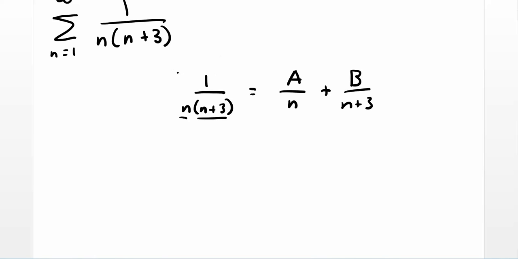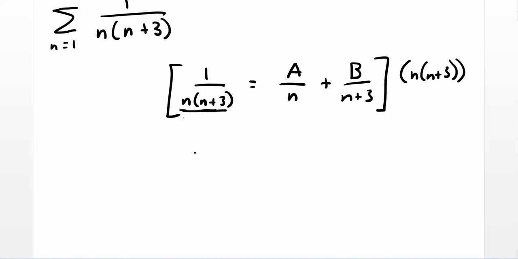And then what happens is you take this whole equation and you multiply by the denominator over here, so n times n plus 3. The point of that is to get rid of all the fractions. So you multiply the left side by that term, you should see that you just get 1. And then we multiply the right side, both of these.